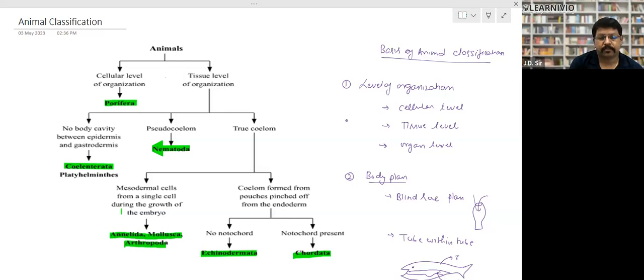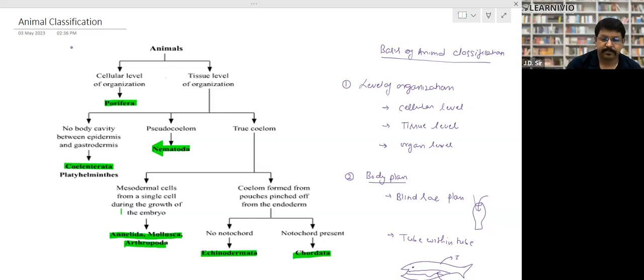First point, cellular level of organization, where division of labor is not there.